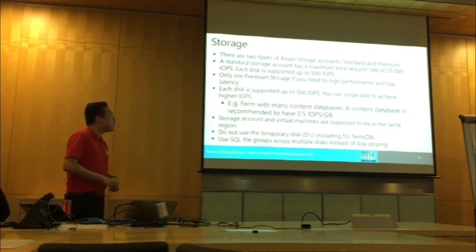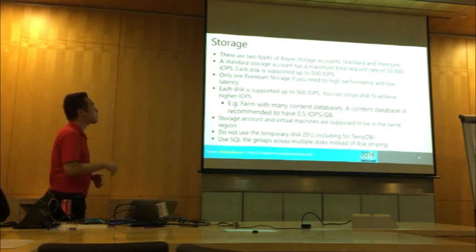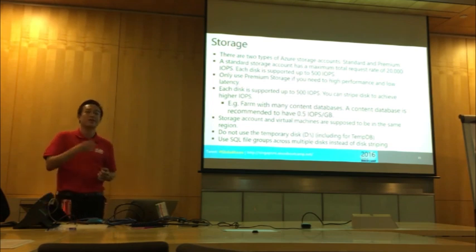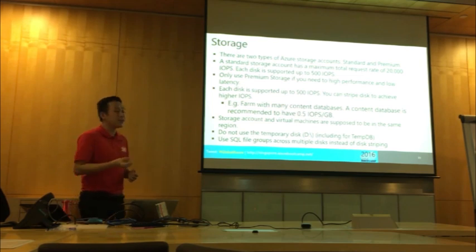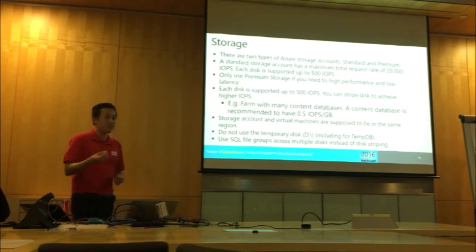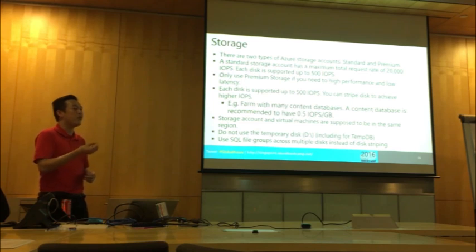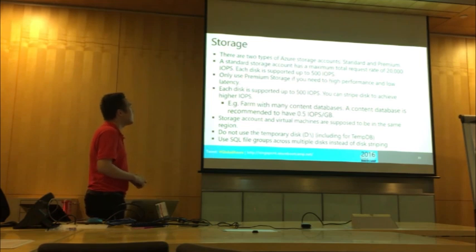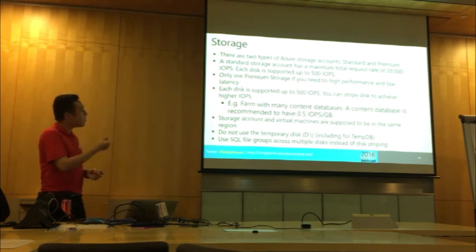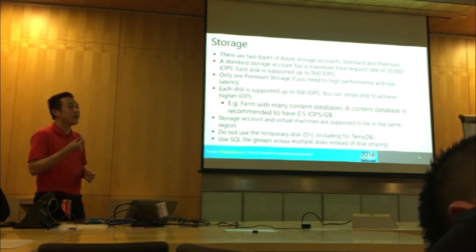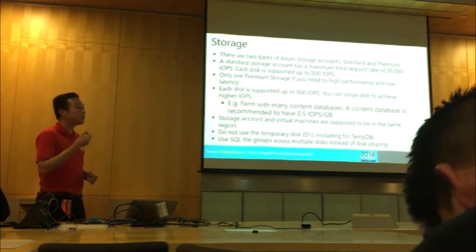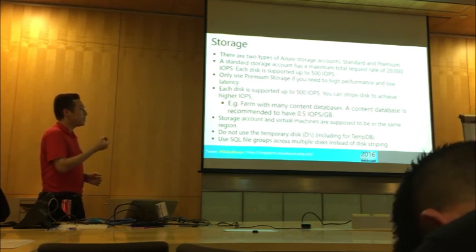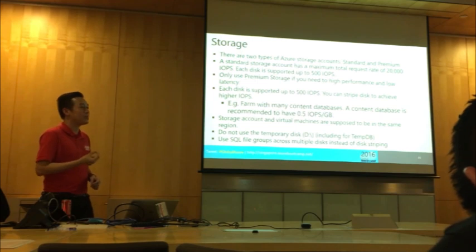Okay. Every VM has a storage associated. Microsoft Azure provides two types of storage: standard and premium storage. The premium is pretty expensive and is useful for applications requiring high performance. Remember, each data disk is supported up to 500 IOPS, but if you need higher IOPS, you can stripe the disks to achieve 1000 IOPS.